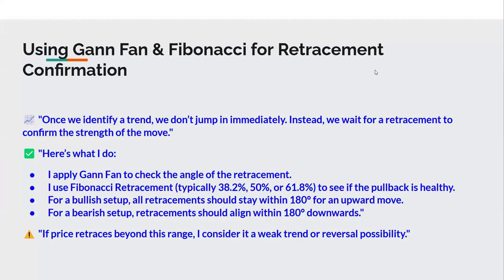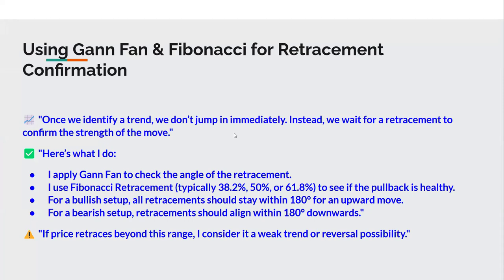Using Gann Fan and Fibonacci for retracement: once we identify a trade, we don't jump in immediately. Instead, we wait for the retracement to confirm the strength of the move. Here is what I do. I apply Gann Fan to check the angle of the retracement. I use Fibonacci retracement to see if the pullback is healthy.